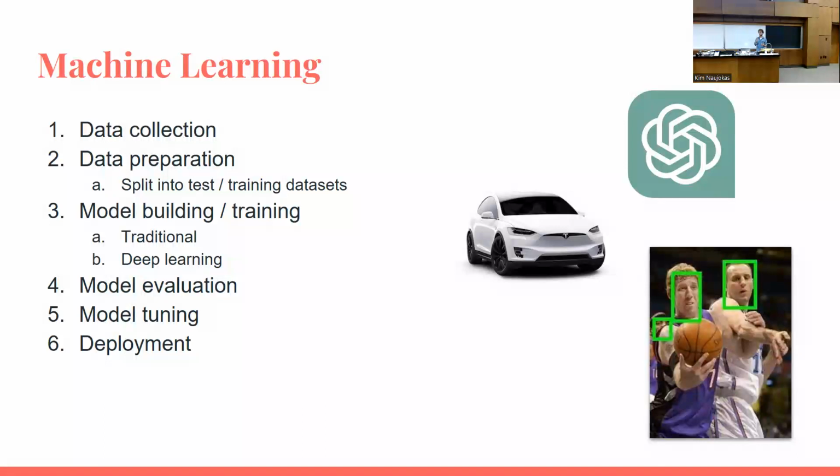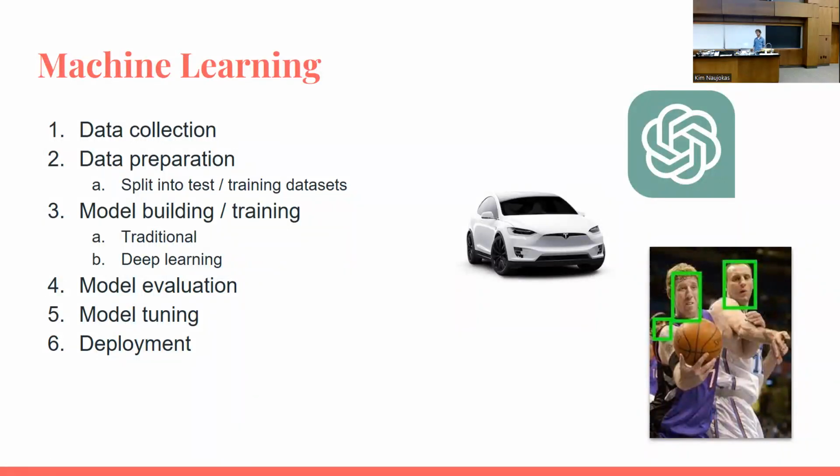They're comprised of multiple layers of calculations, and they are built more towards their use case, so they're a lot more specific than the traditional models. But deep learning models are driving a lot of the current digital innovation that we see nowadays, such as ChatGPT, which is built on deep learning models that allow it to mimic human behavior. Tesla's self-driving cars also use deep learning to stay on the roads, and facial recognition uses deep learning too.